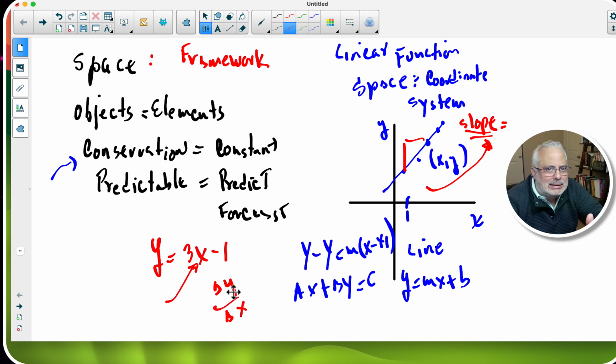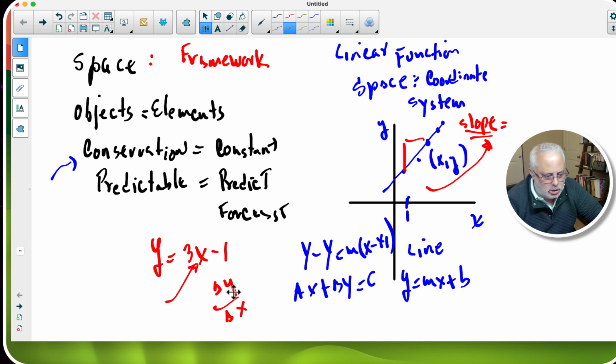How to predict the outcome. If we know the characteristics of the object, of the element, and the actions in which that object is involved, we can predict the outcome.